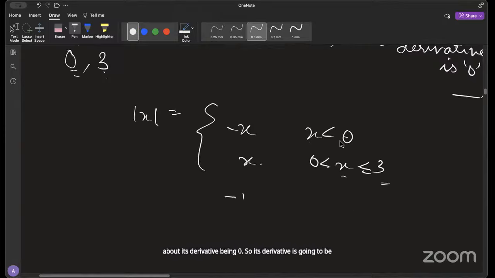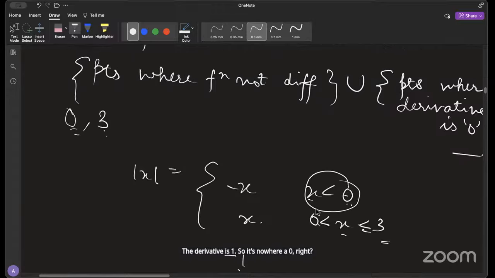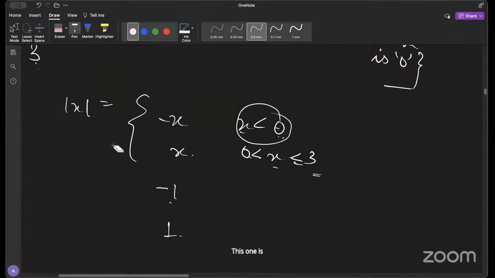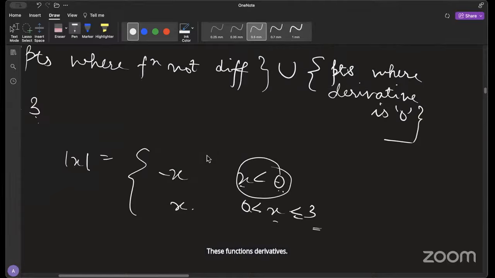Its derivative is -1 for any point less than 0, and 1 for any point between 0 and 3. So it's nowhere 0, right? Our aim was to see the points where your derivative is 0. This function's derivative is never 0.